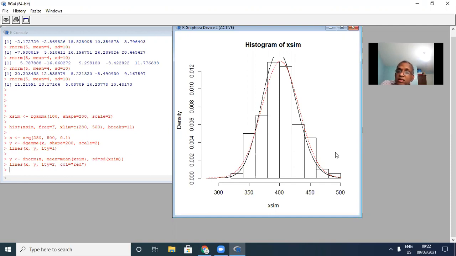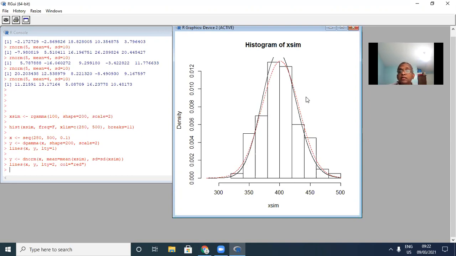And as you can see, the normal distribution is a good approximation to the gamma distribution in this particular case, but it may not be true in general.